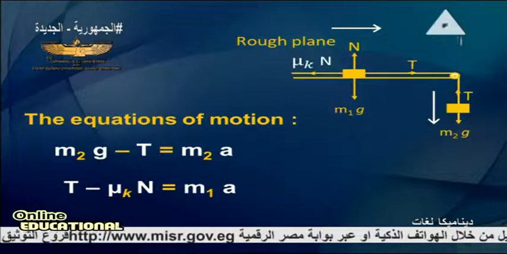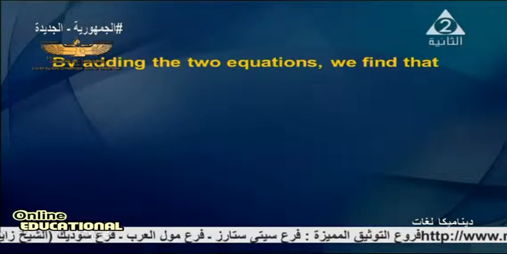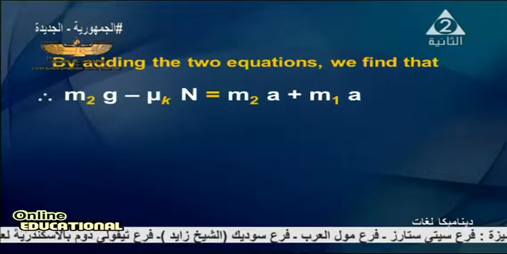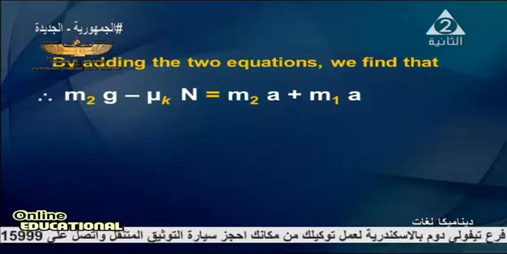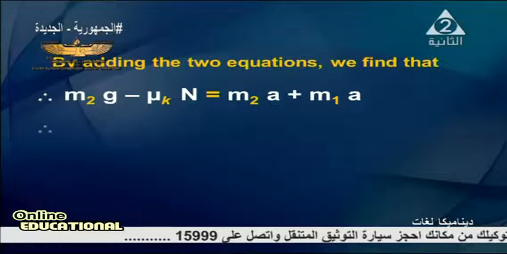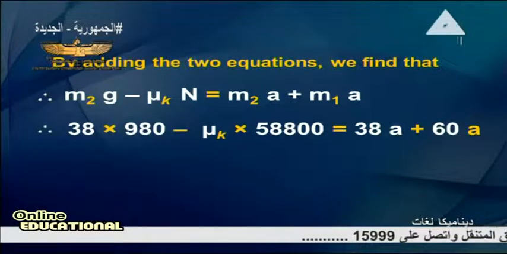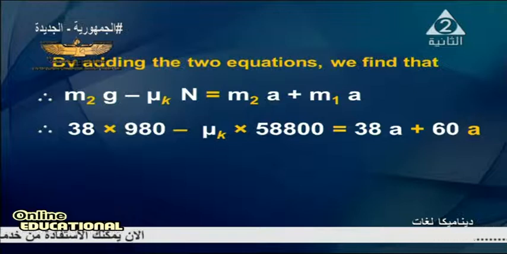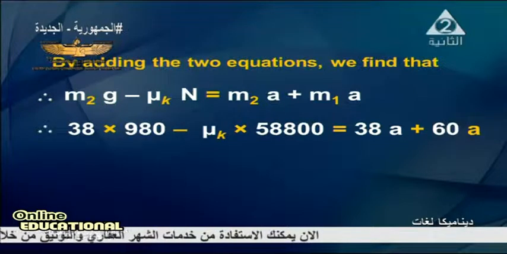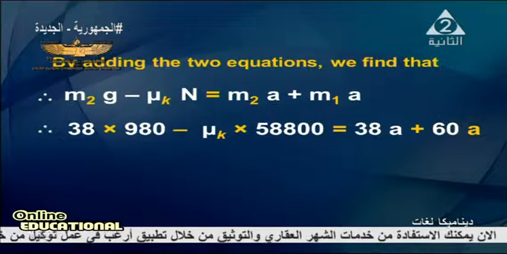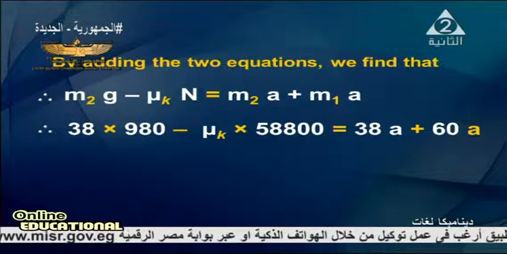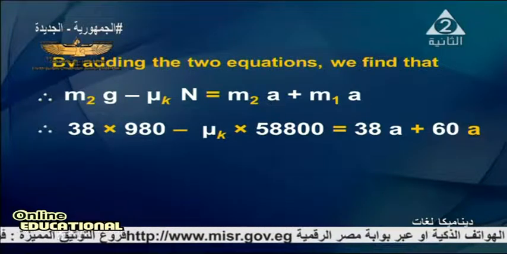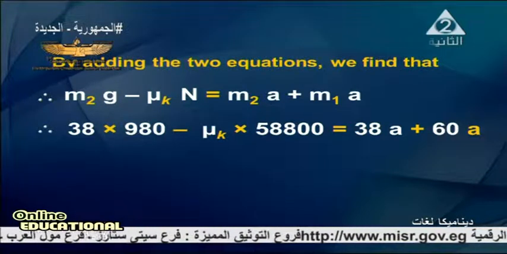Now, by adding the two equations, we find that M2g minus mu k n equals M2a plus M1a. M2 is 38 times 980 minus mu k times the normal reaction 58,800 dyne equals 38 times a plus 60a.